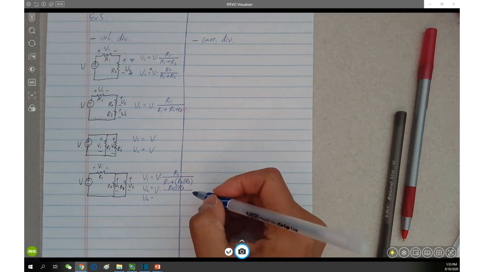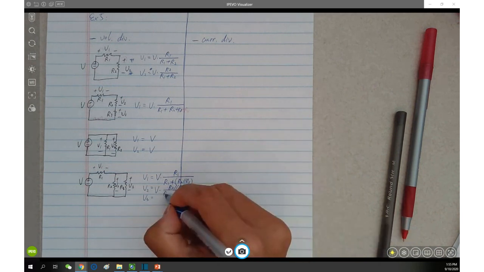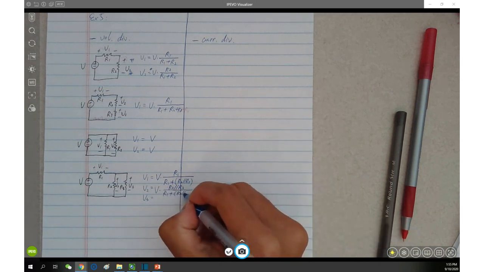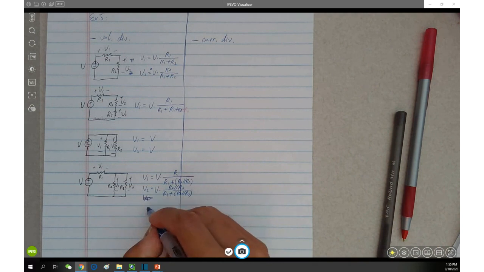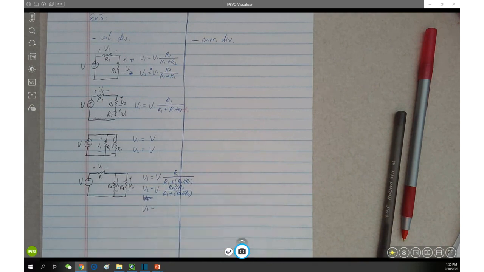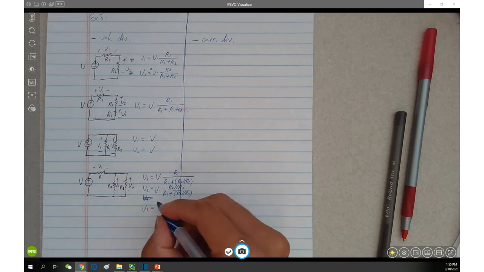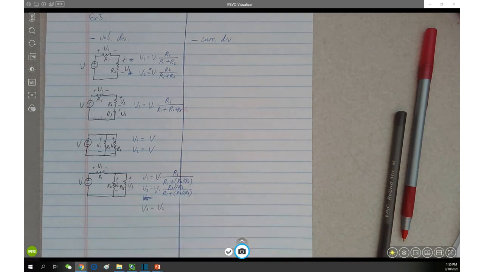How about denominator? Remain same as R1 plus R2 parallel with R3. Yep. And the V3 equals what? Anyone? Same as V2. Very good. Good.